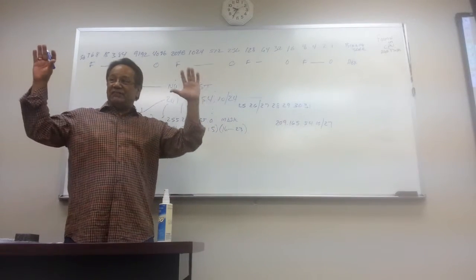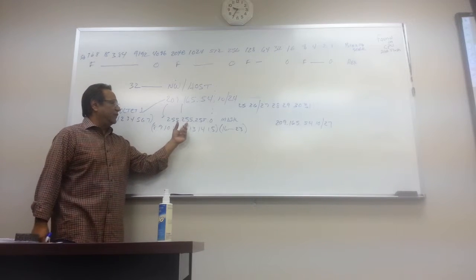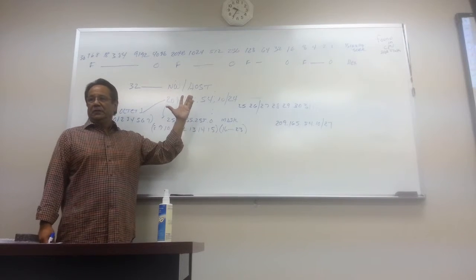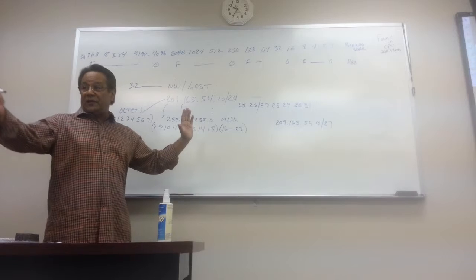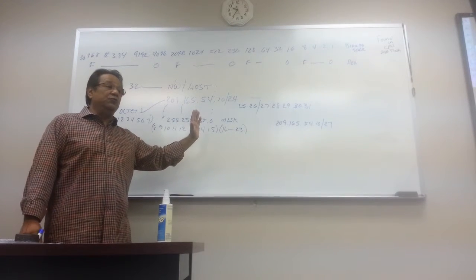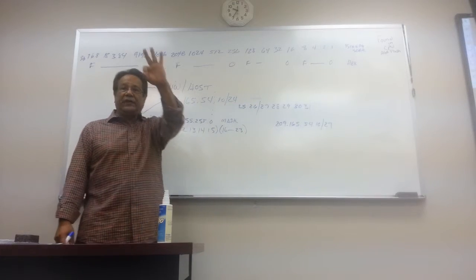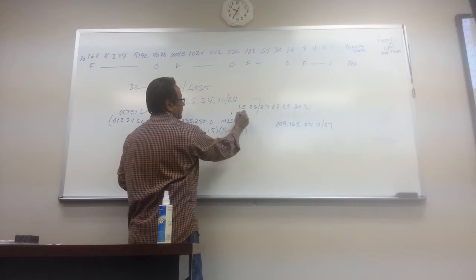So now with 27 bits, is my mask 255.255.255.0? No. What is it now? How many bits am I going to use in the 4th octet? 3. So we got 24, 25, 26, 27.